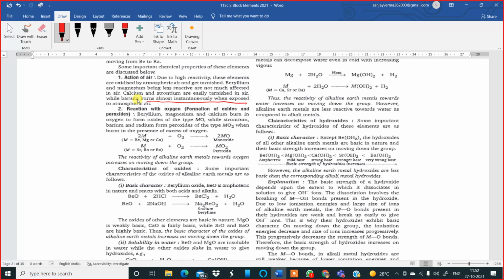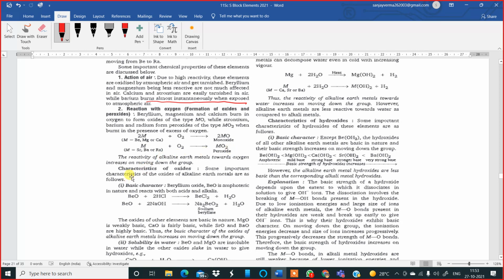Now coming to the next chemical property, reaction with oxygen. These elements of group 2 react with oxygen to form the respective metal oxide. They can form monoxides, which can further react with oxygen to form peroxide also.